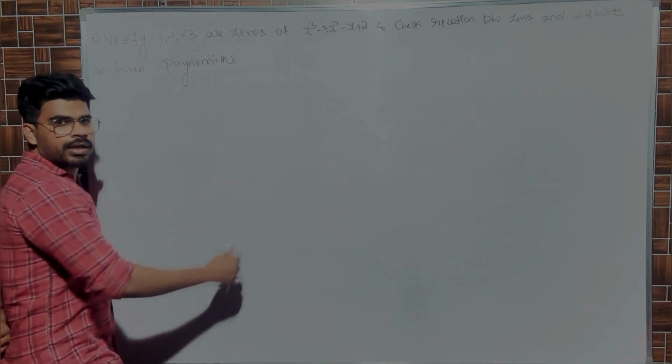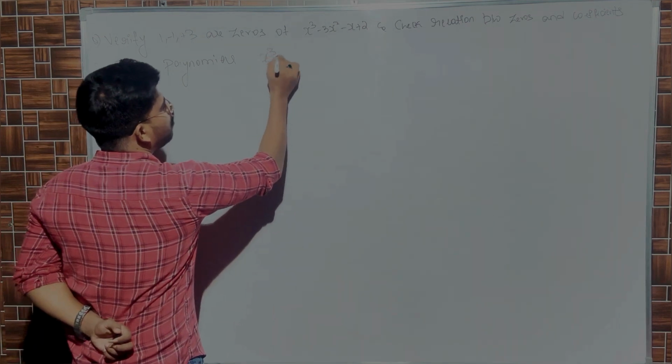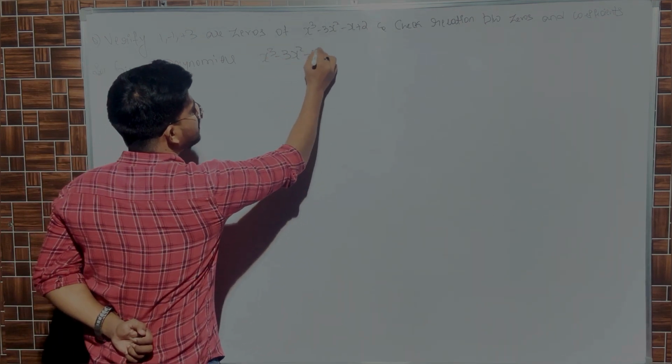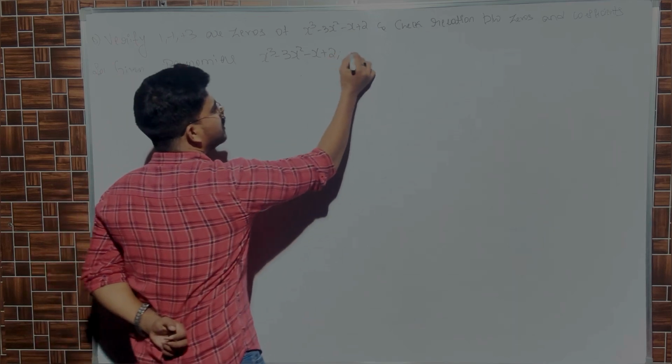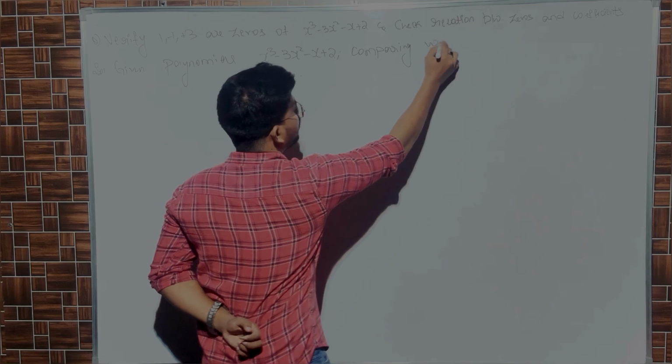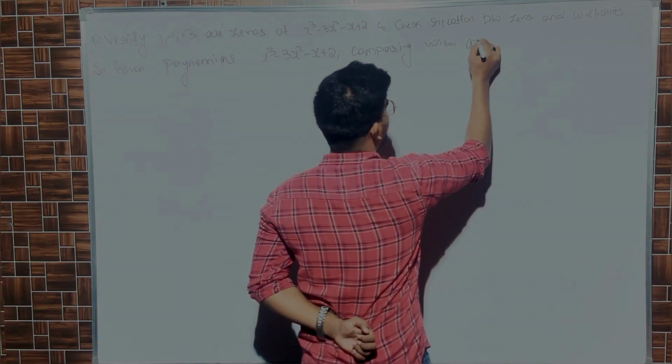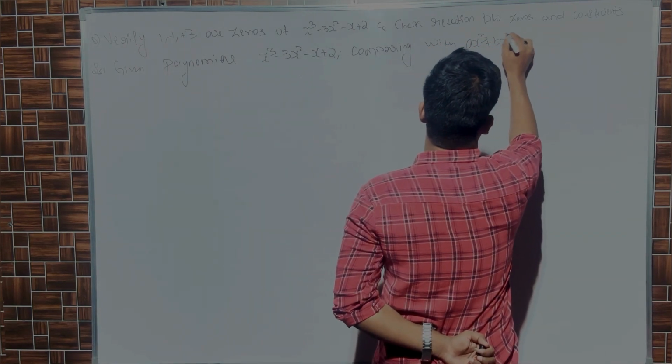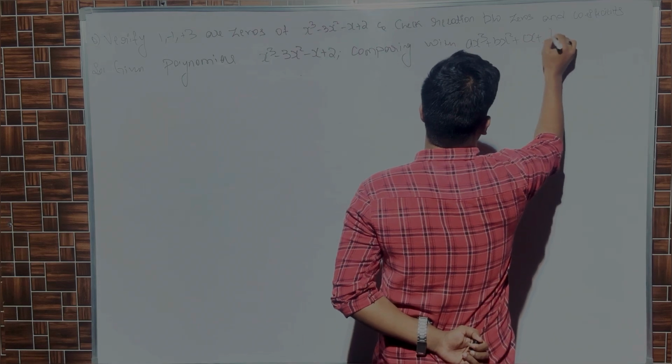What's the given polynomial? X cube minus 3x square minus x plus 2. Comparing with ax cube plus bx square plus cx plus d.